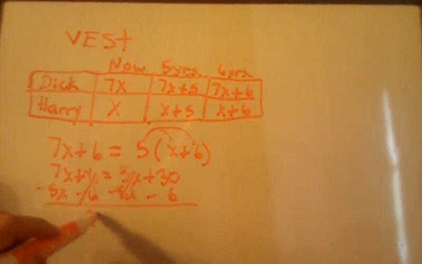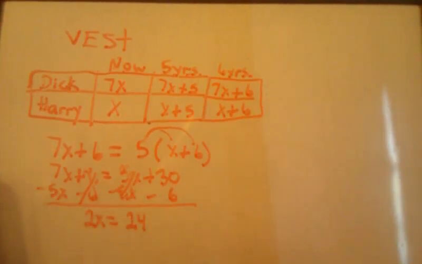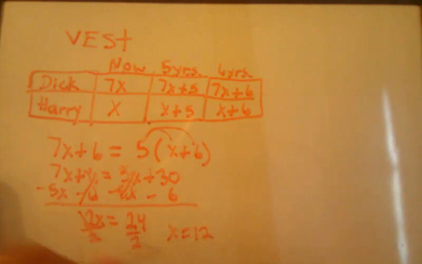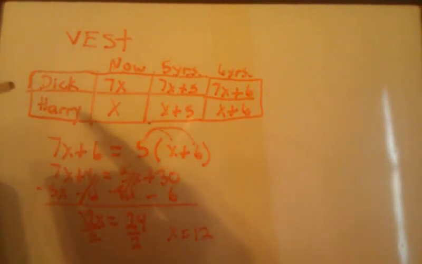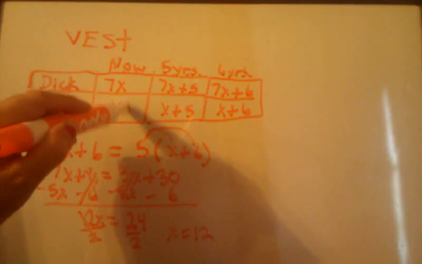So I have 2X equals 24. And then divide by 2. X equals 12. Okay, so Harry is 12.